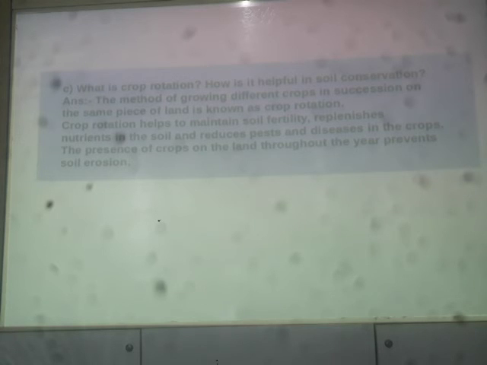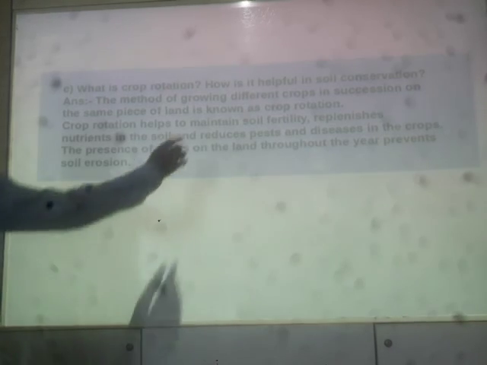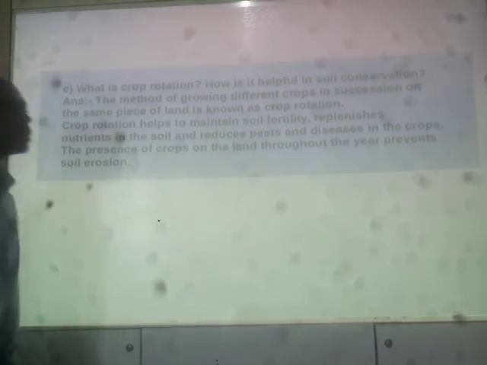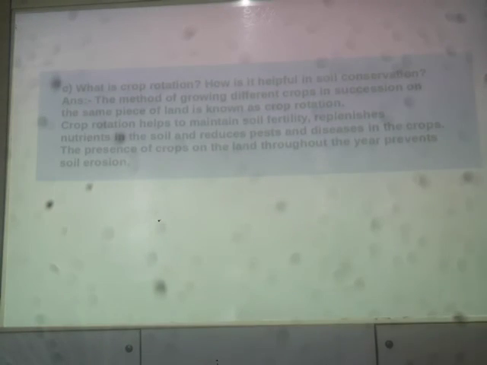Crop rotation helps to maintain the soil fertility.